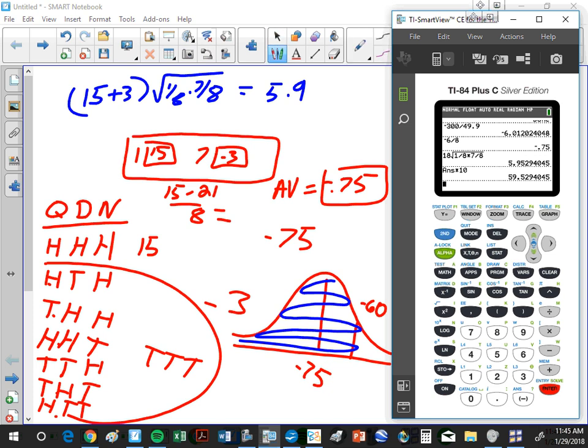So how far is it from here to here? $15. Positive or negative? We're going to the right, so it's positive. 15 divided by 59.52. Are we going right or are we going left?